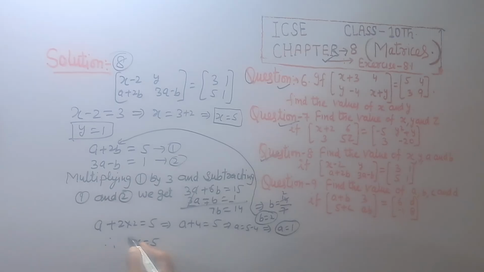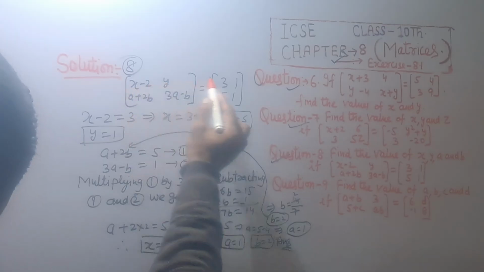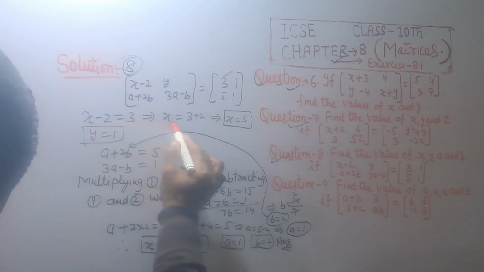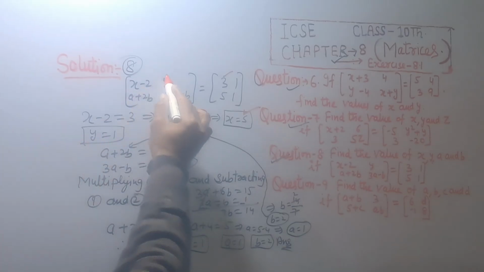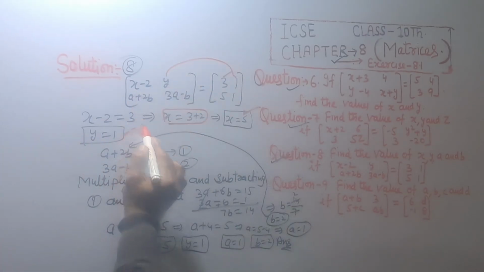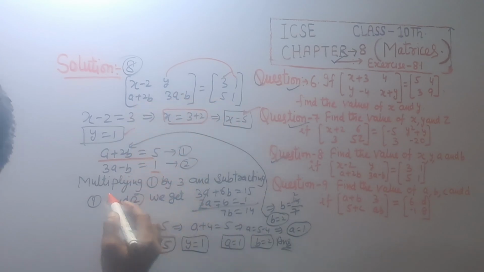x is equal to 5, y is equal to 1. x minus 2 equal to 3, then x is equal to 3 plus 2, that is equal to 5 and y is equal to 1 directly. a plus 2b equal to 5 and 3a minus b equal to 1.